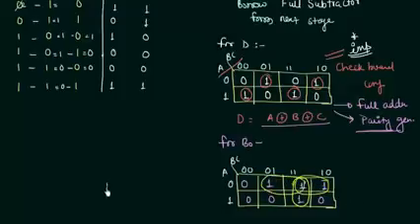So the borrow output is what? For this first group we are having BC. For this group we are having A complement, and B is changing from 0 to 1, so it is dropped, and C is 1, so A complement C. Similarly for this group we are having A complement, and C is changing from 1 to 0, so it is dropped, and B is 1, so A complement B. So this is what we are having as the borrow output.